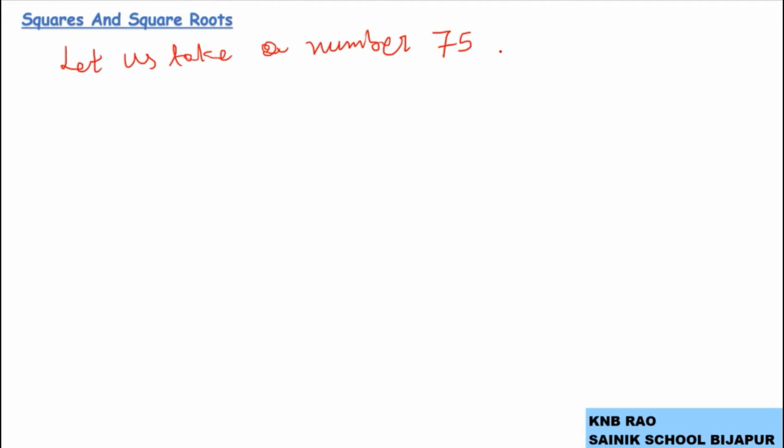If I take 75 and want to find 75 square, then I can write this as 7 into 10 plus 5 whole square. 75 is 7 into 10 plus 5.